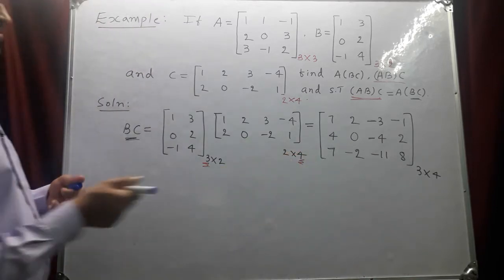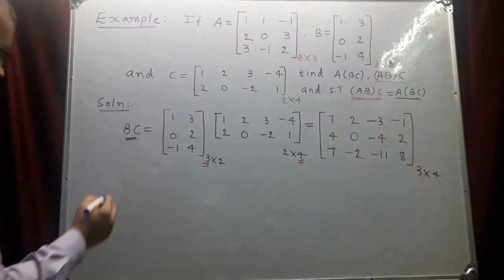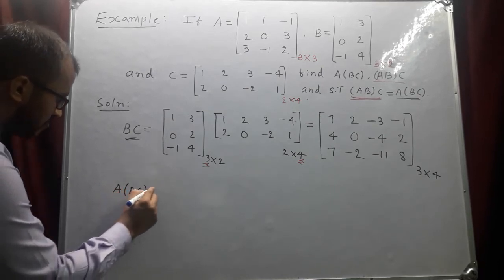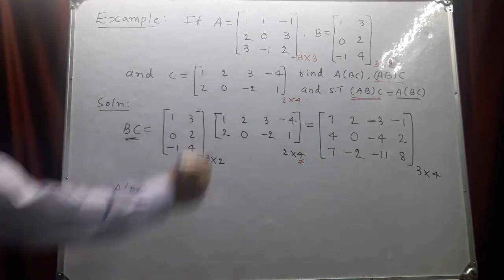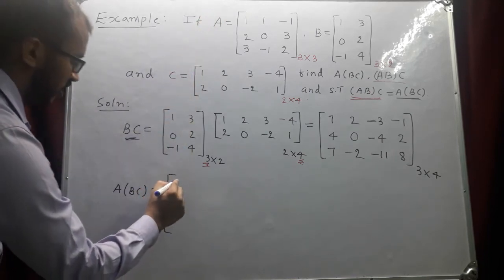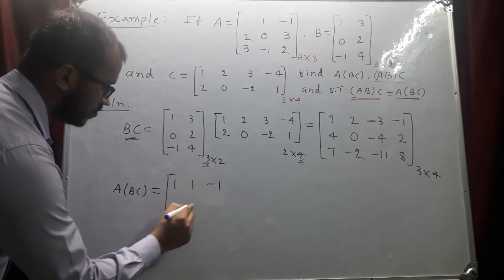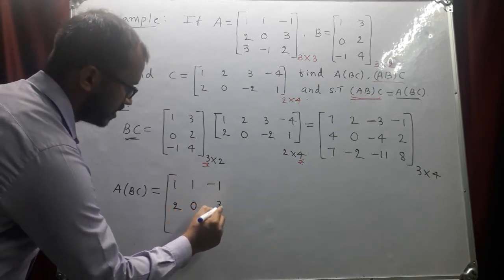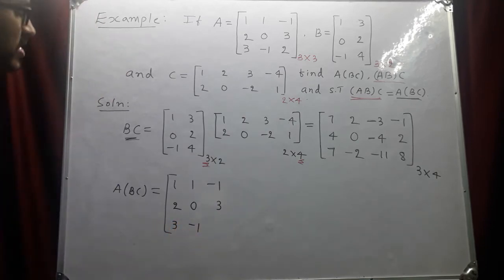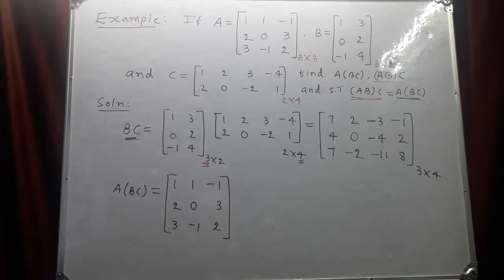Now we will find the value of A into BC. So A into BC is equal to the value of the matrix A, that is 1, 1 minus 1, 2, 0, 3, 3 minus 1, 2, into BC.